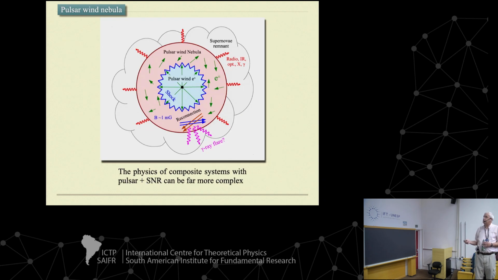So the situation is something like this. We have the supernova remnant that produces the standard radio, infrared, optical, X-ray, and gamma ray emission that we have modeled. And then in the middle we have the pulsar with a pulsar wind.